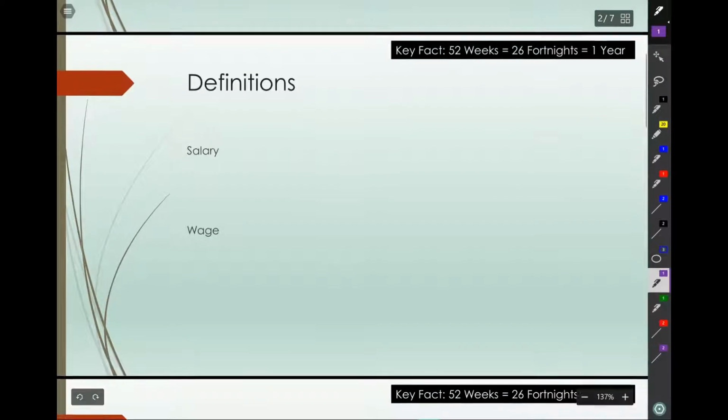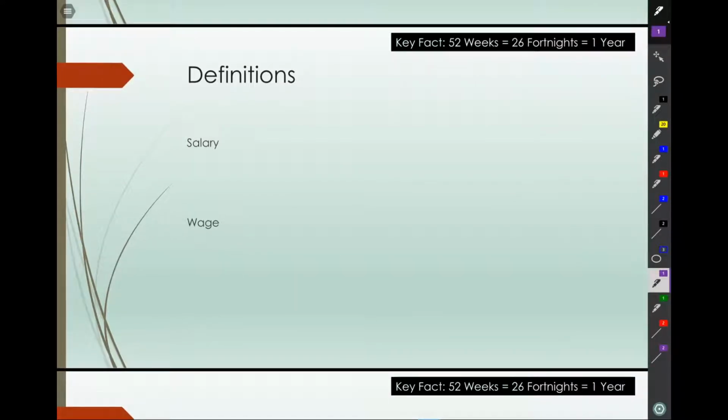So let's talk about some definitions to begin with. The key difference between a salary and a wage is that a salary is a fixed pay for a year's work. Fixed amount of pay, and it's divided up into regular installments.